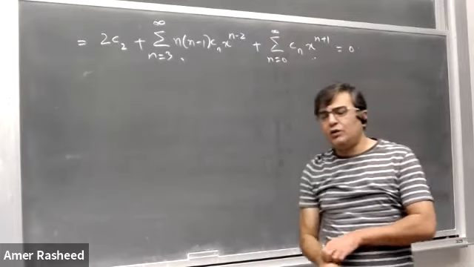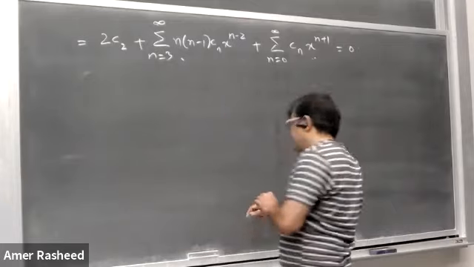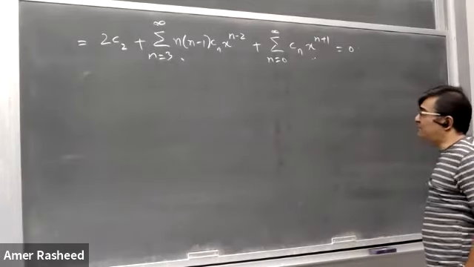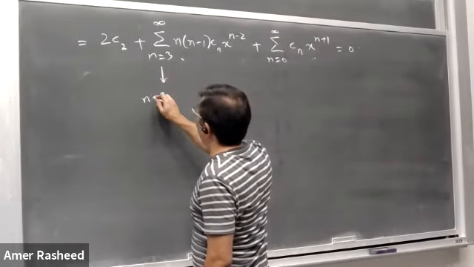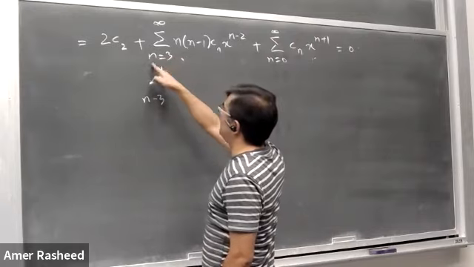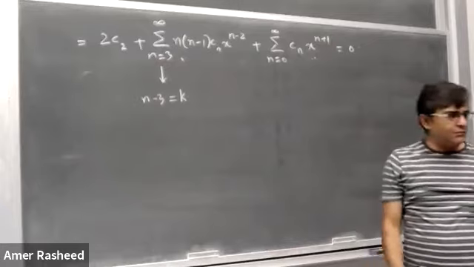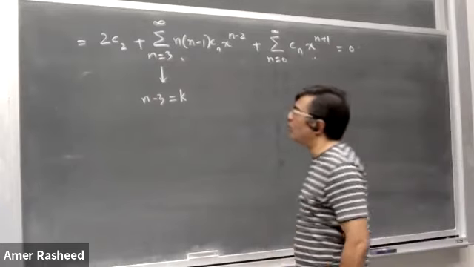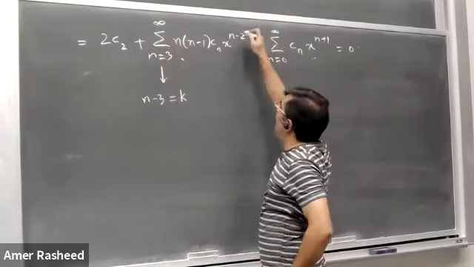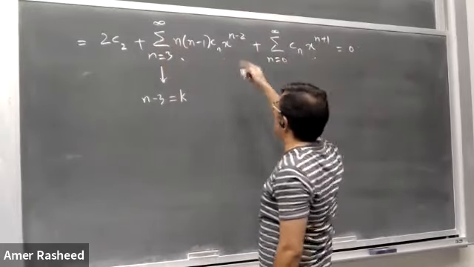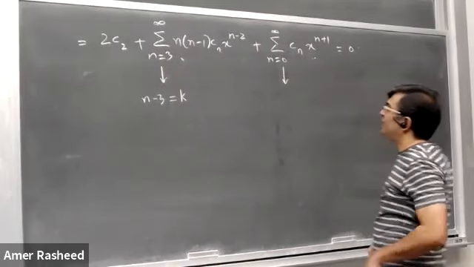Now, I told you in the previous lecture, using this n equals 3, we write n minus 3. We take this 3 to the other side and put in a new index. How to change the index now? How to make these summations, or these powers, identical? This is what we are going to do.